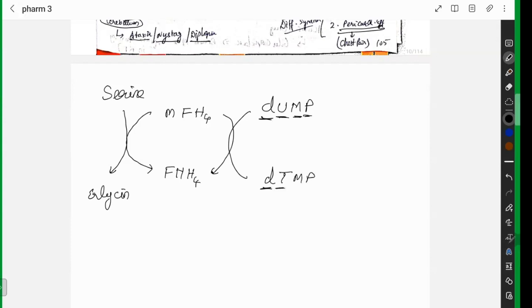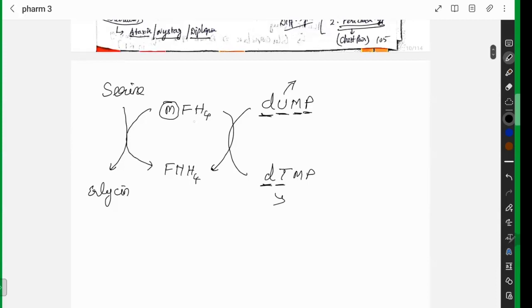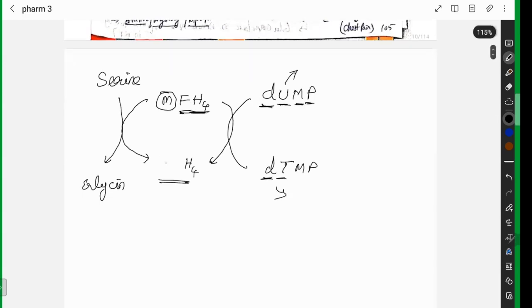For this reaction, you need a methyl group transfer from your methyl folate. This is going to be a tetrahydrofolate, so methyl tetrahydrofolate is going to get converted back into tetrahydrofolate.